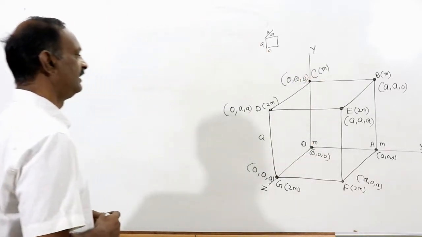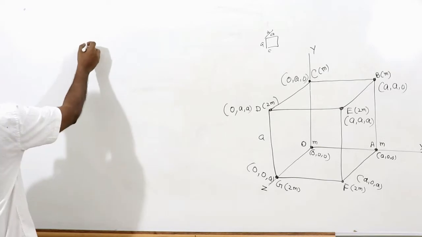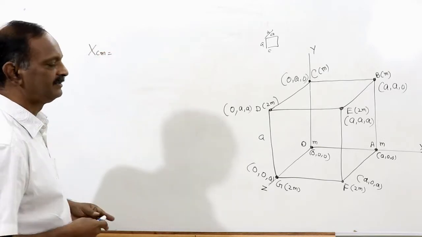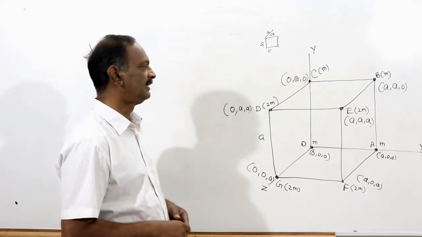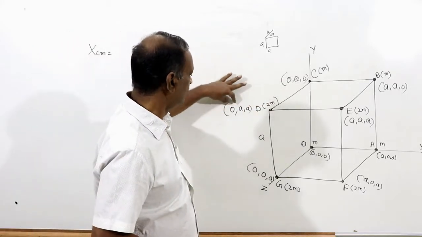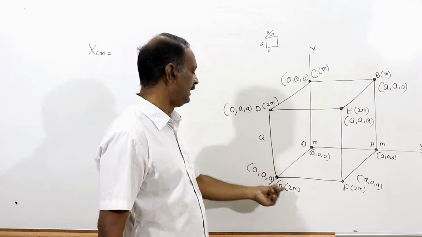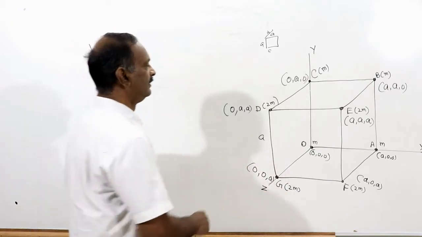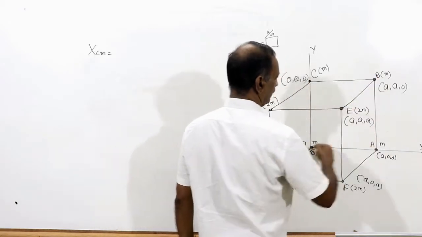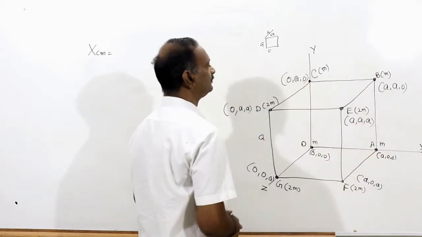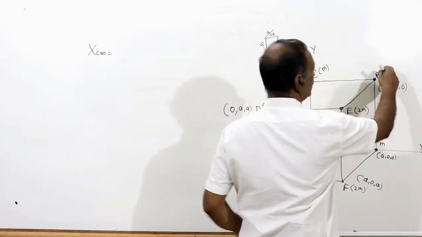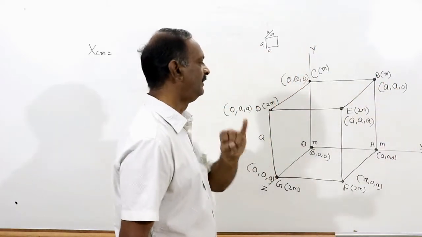So we can easily calculate the center of mass, XCM. XCM is already given to you: M1 X1 plus M2 X2, and so on. First, we will go for all the M masses. Here M into 0 is 0. M into A is MA.